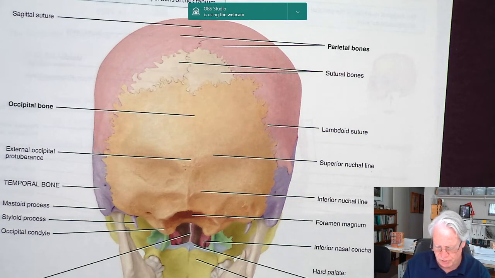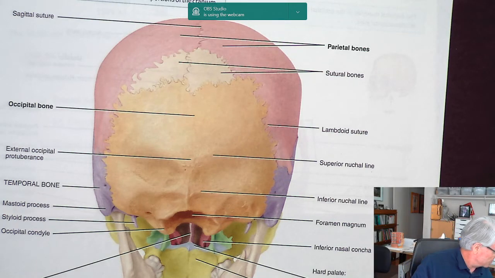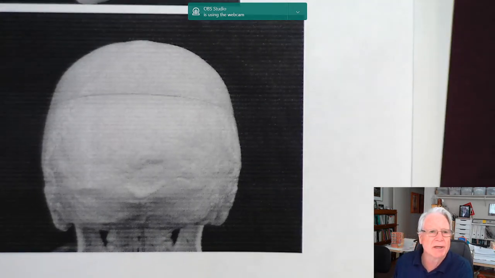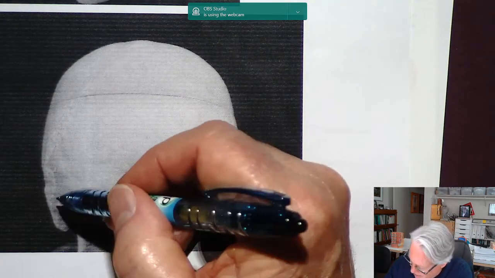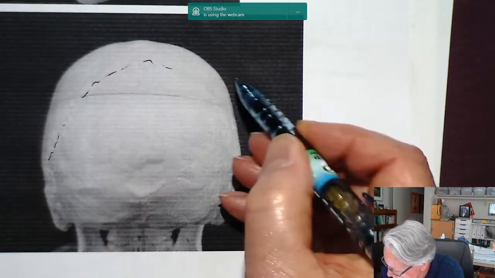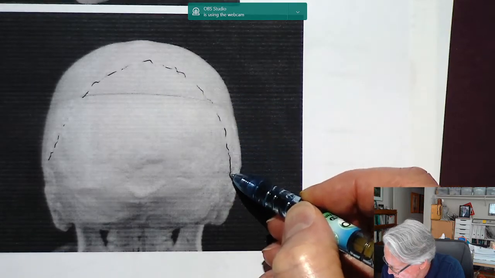That's my lambdoid suture. Let's go ahead and find it in our drawings. Page 7, page 8. Yeah. So, a little bit hard to see, but it is there. So I'm looking at page 10 now of the handout. And as I said, very difficult to see, but if I trace it, it is basically like that.